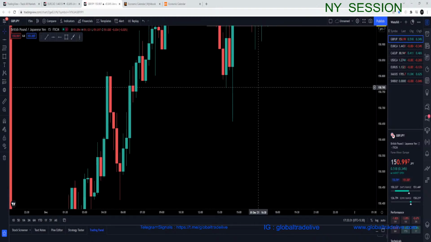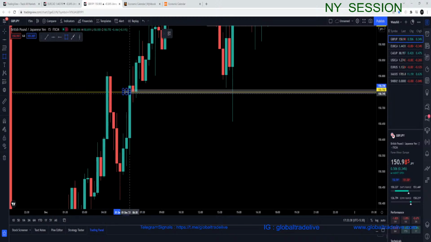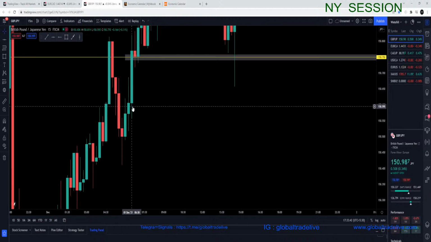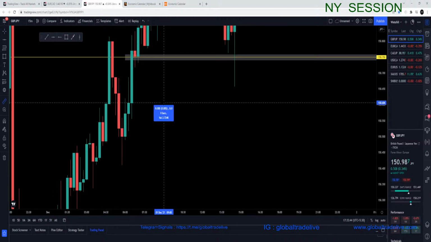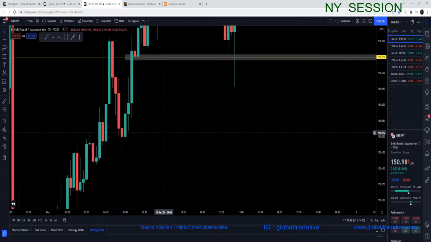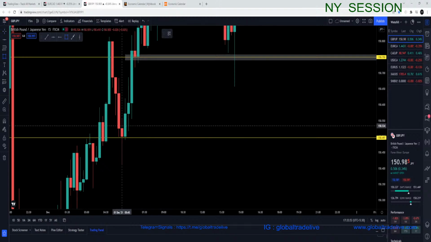I think good sells will be below this area. Yes, we have this clean candle to cover up, and the market can possibly go down to this area, which is around 14 pips away. And if the market goes further down, then it will be coming down to this support.